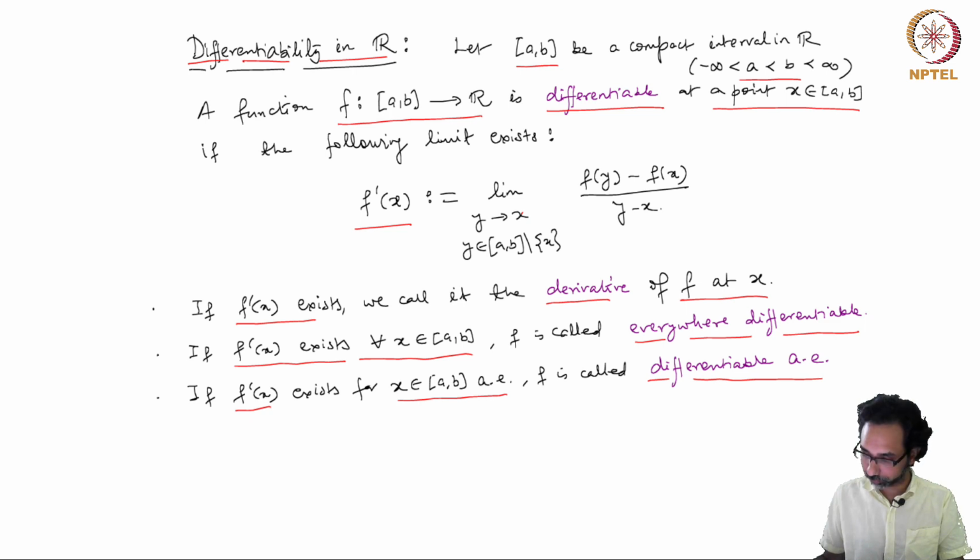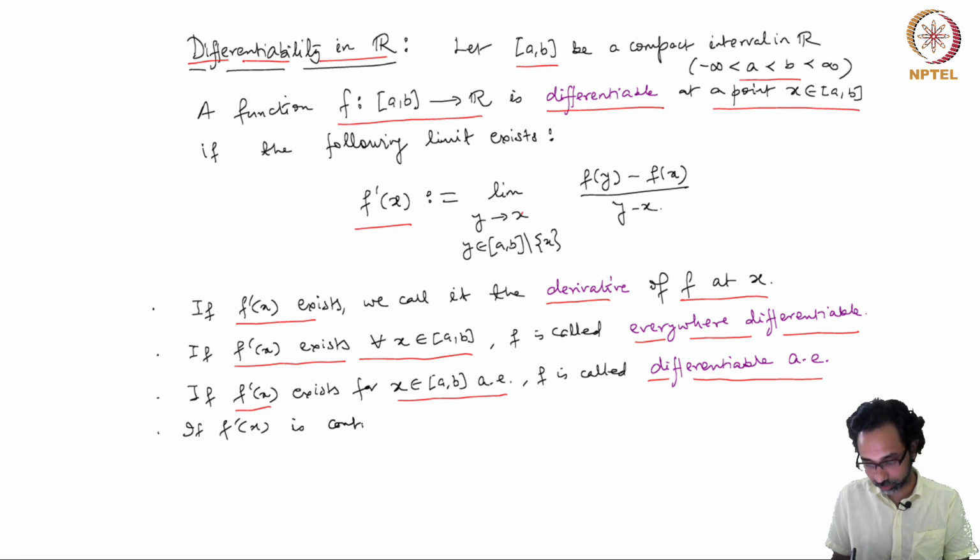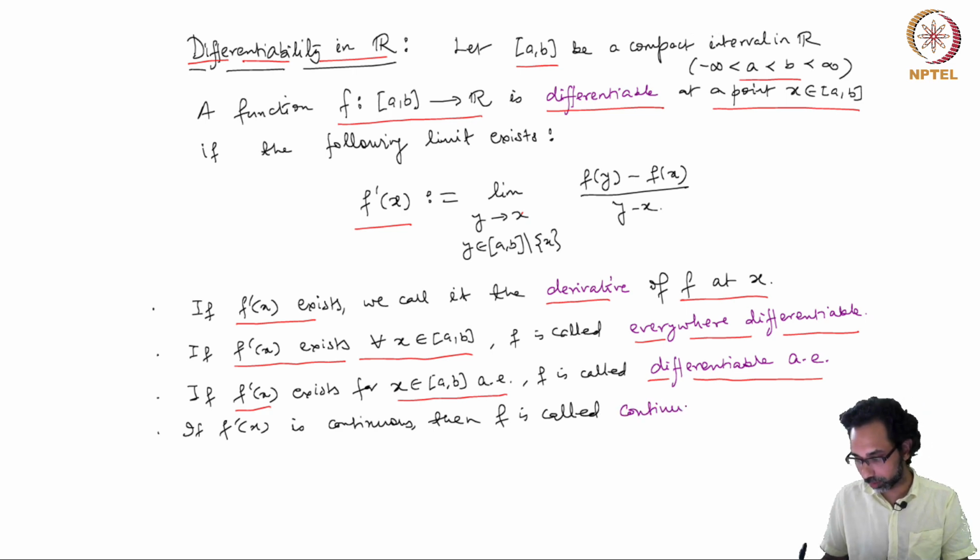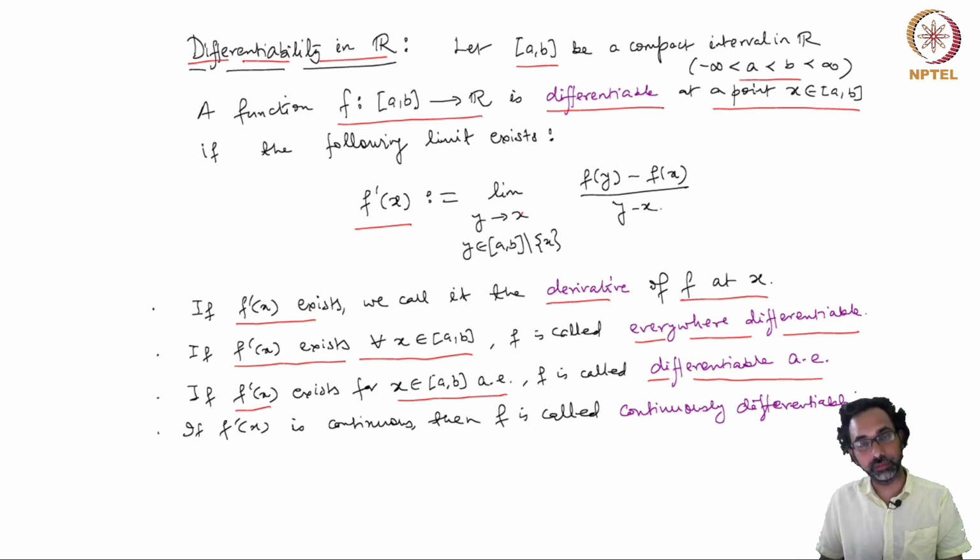And finally, one more terminology is that if f'(x) is continuous, then f is called continuously differentiable. So again, either everywhere or almost everywhere, depending on the context. So we have these terminologies, and now we are ready to state the first fundamental theorem of calculus.